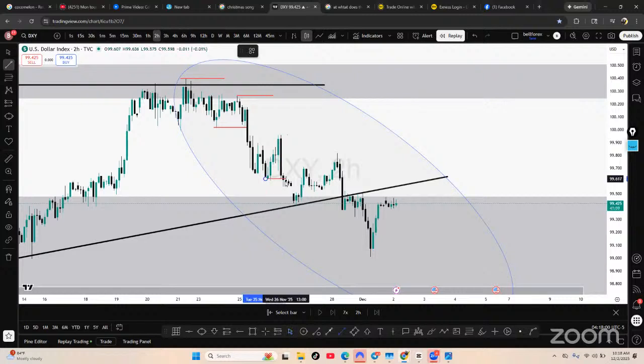Here we create a low, and here again we create a high. So we go 1, 2, 3, 4. We have the next low here. And here we have the next high.